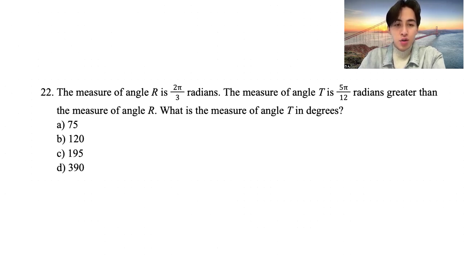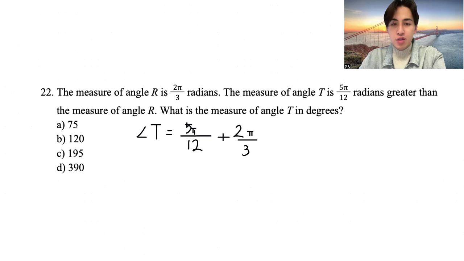Okay, so we know that angle T, this symbol right here represents the angle, by the way, is 5 pi over 12 greater than, so it has to be plus, right? Plus 2 pi over 3.